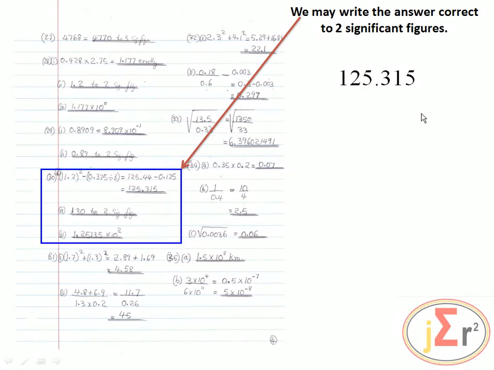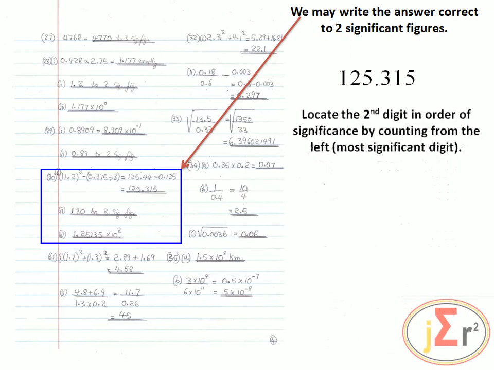We may write the answer correct to 2 significant figures. Locate the second digit in order of significance by counting from the left, where we will find the most significant digit. 1, 1, 2, that's the second most significant position.